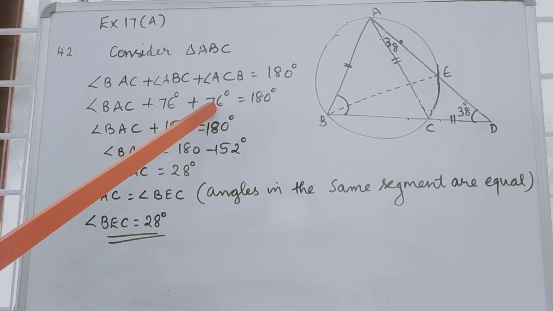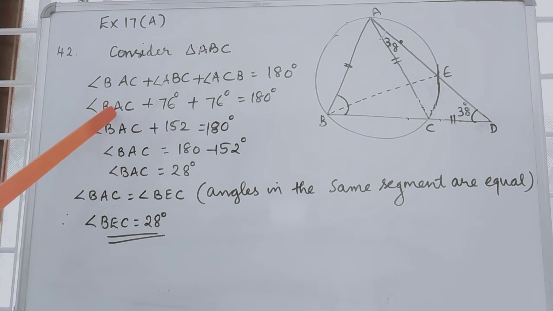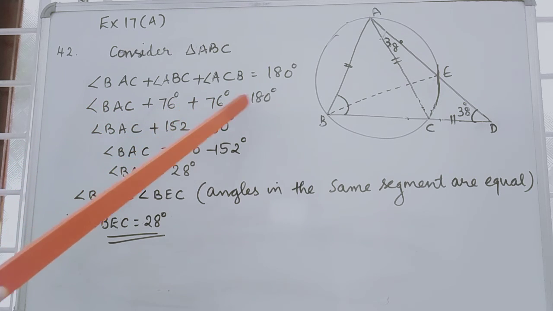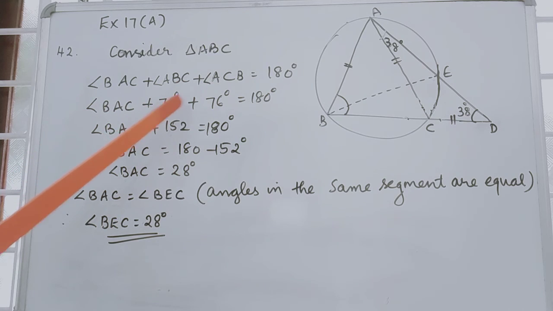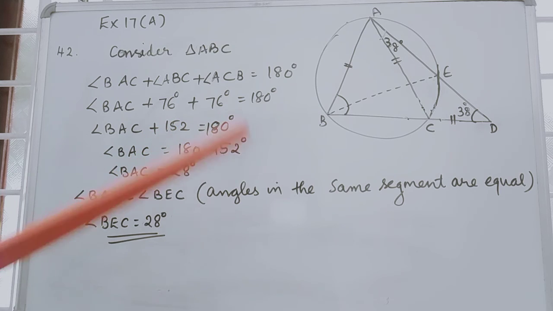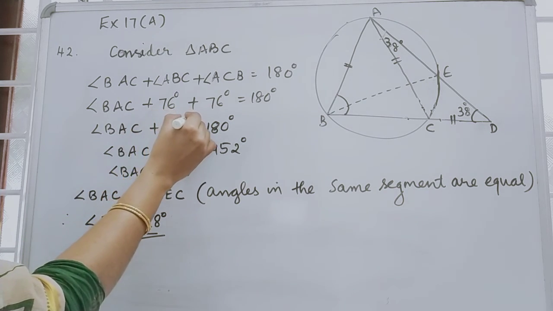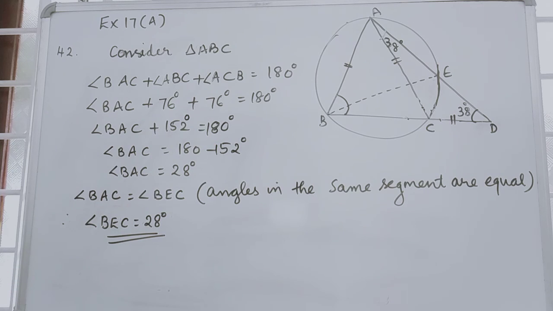So substitute those values. Angle BAC plus 152, that is 76 plus 76, is equal to 180. So angle BAC is equal to 180 minus 152, which is equal to 28 degree.